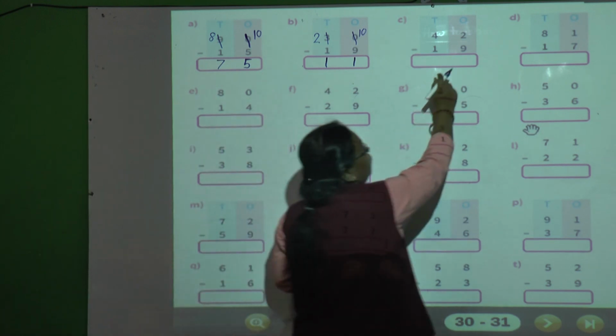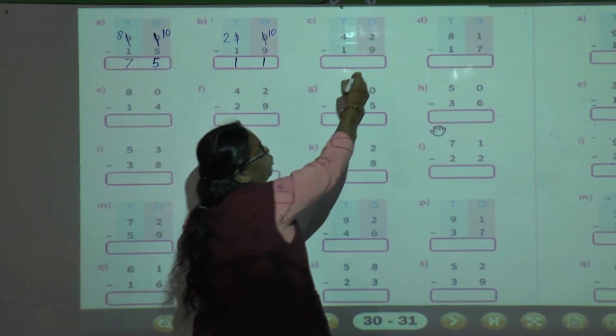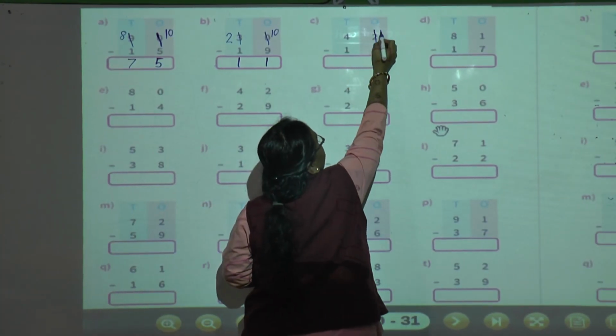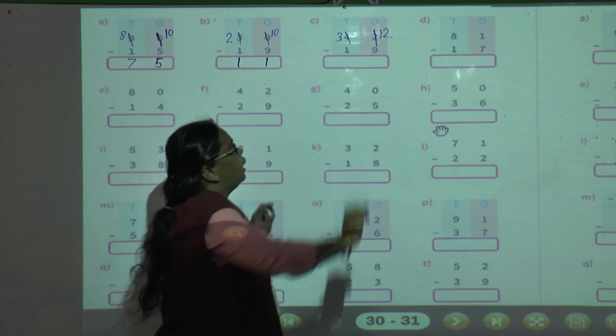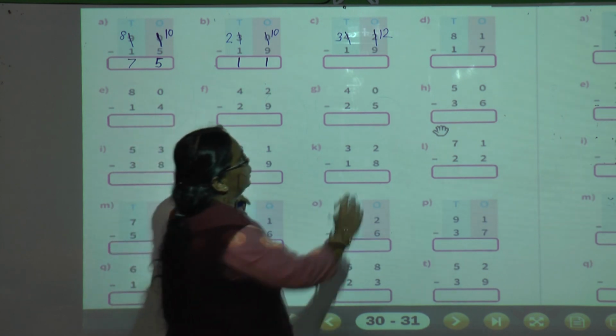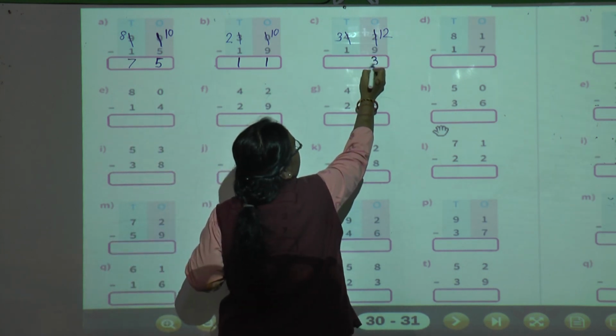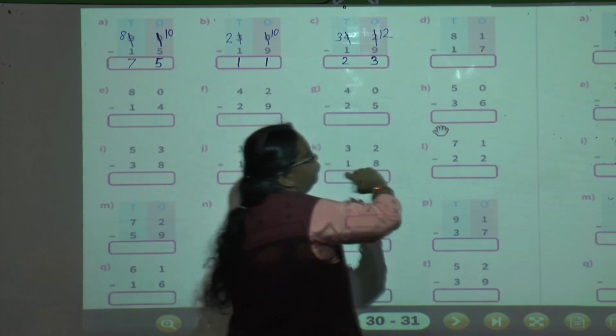Then 2. From 2 minus 9, will it go? No. So what will you do here? You will make it 12 and here 3. Then 12 minus 9, how much? 3. And 3 minus 1 is 2.